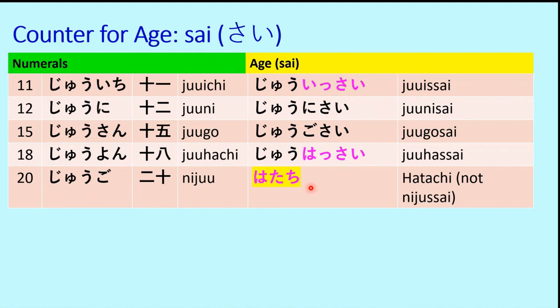So sai will not be added after hatachi, nor is it nijusai. It's just hatachi. So hatachi desu means 20 years old. Watashi wa hatachi desu means I am 20 years old. So there will not be sai added for 20 years old. Here we have mentioned this one: nijusai, it's not correct. It's hatachi.